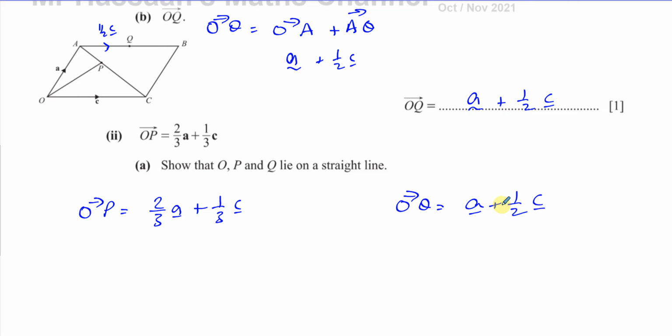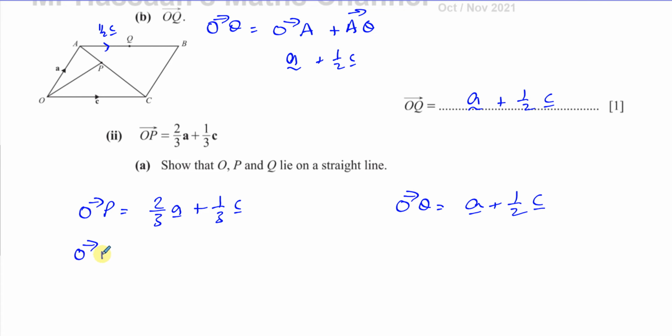Now, if I want to show that these two vectors are on a straight line, I have to show that the vector from O to P and the vector from O to Q are in the same direction. To do that, I need to take out the fractions from these terms and factorize.